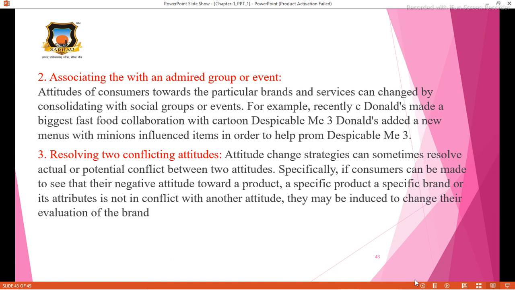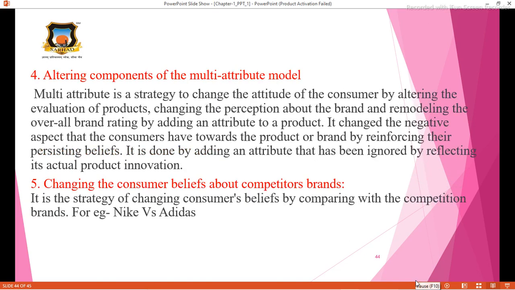Third is resolving two conflicting attitudes. The attitude change strategies can sometimes resolve the actual or potential conflict between two attitudes. The next is altering components of the multi-attribute model.